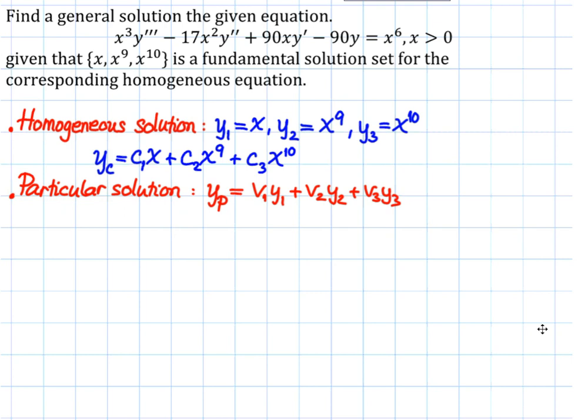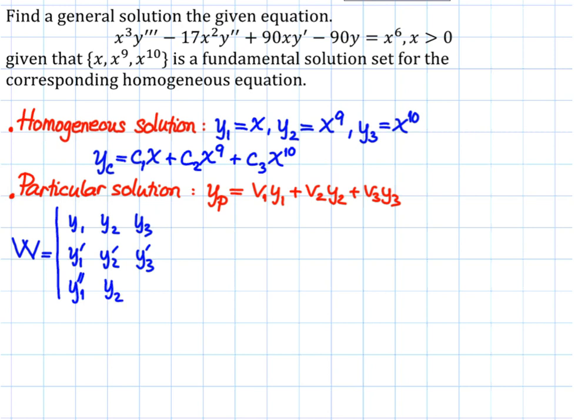We're going to write the Wronskian. So first, we have W, the Wronskian, will be y1, y2, and y3, and then the derivative. And we need the second derivative, so we will have a square matrix, the 3 by 3 determinant.